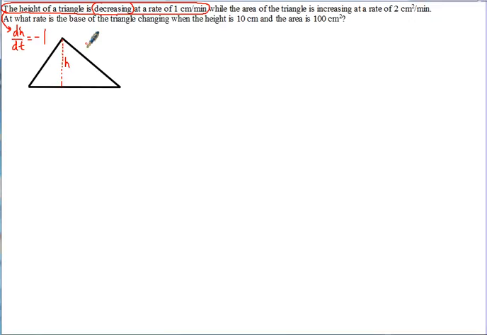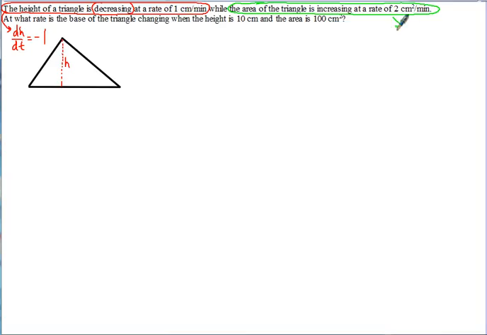So that's one rate we're given. But in this problem, we're actually given a second rate. We're also told the area of the triangle is increasing at a rate of 2 centimeters squared per minute. Another way to tell it's area, look, the unit centimeters squared, that's two-dimensional, right? So that's area per minute, as opposed to height, which is centimeters, because that's one-dimensional.